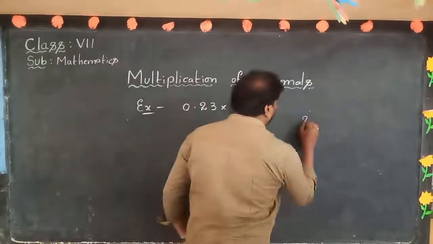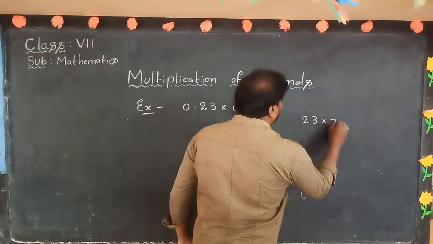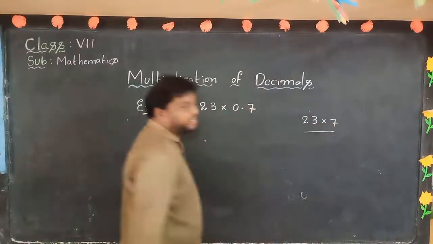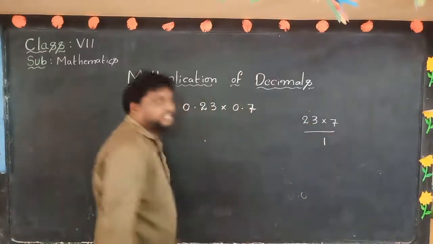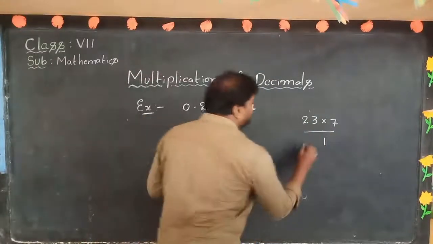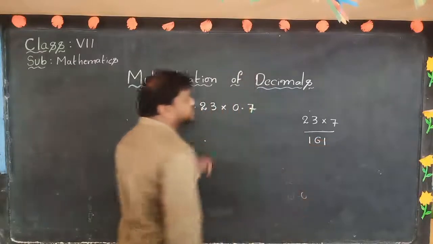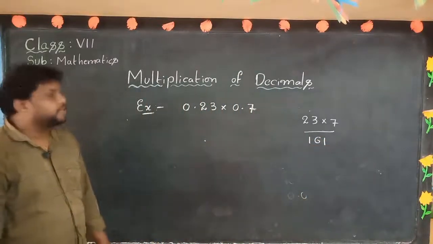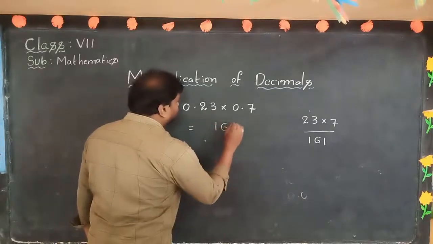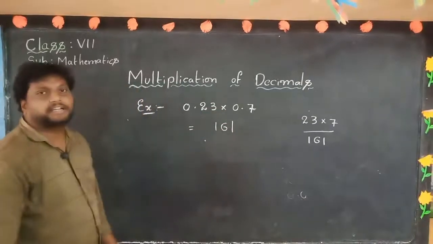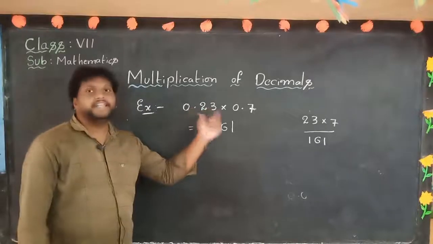Just multiply 23 into 7. What is the value? 7 3s are 21, 7 2s are 14 plus 2, 16, means 161. Now just count the digits in the decimal part.